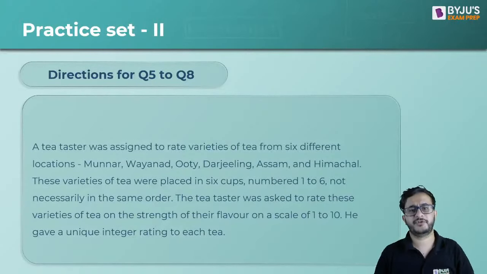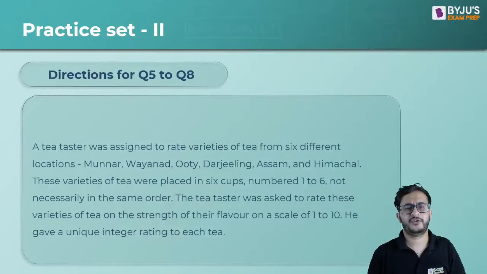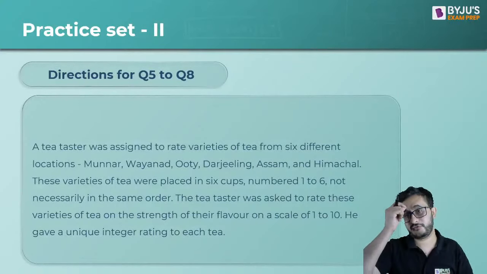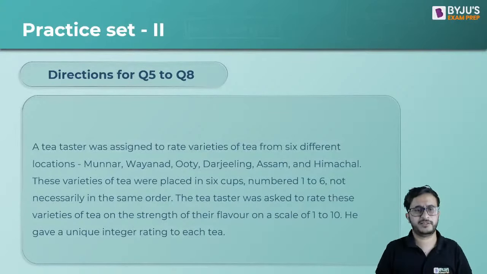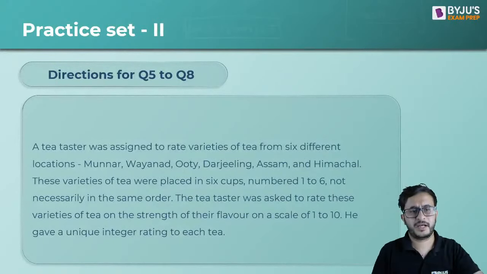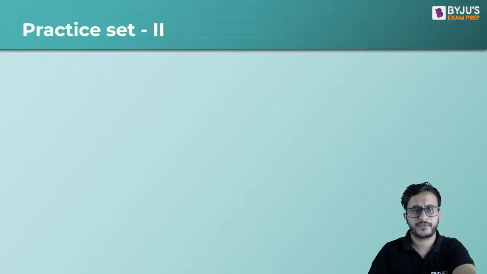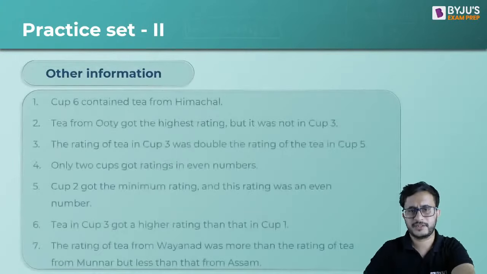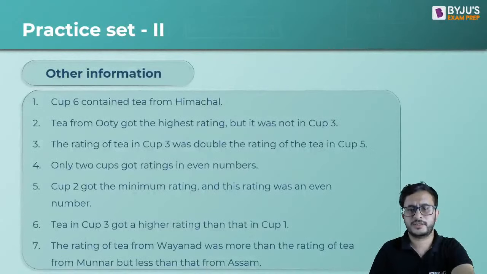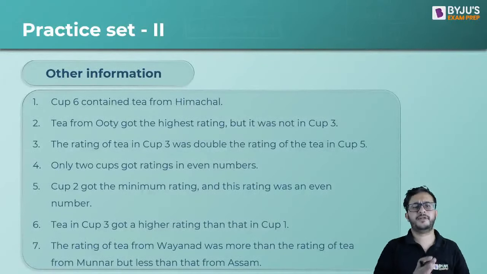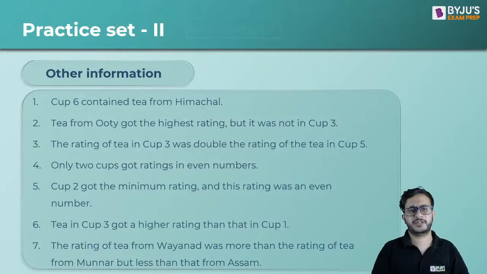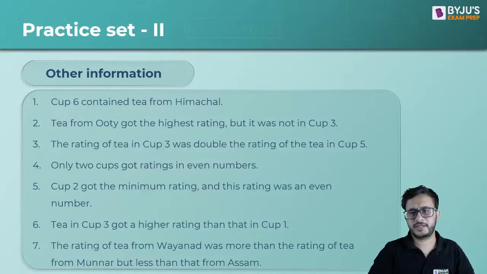The tea taster was asked to rate these varieties on the strength of their flavor on a scale of 1 to 10. So the teas had to be rated 1 to 10, and he gave a unique integer rating to each tea. Further instructions are that cup number 6 contained tea from Himachal, tea from Uti got the highest rating, but it was not in cup 3, and so on.